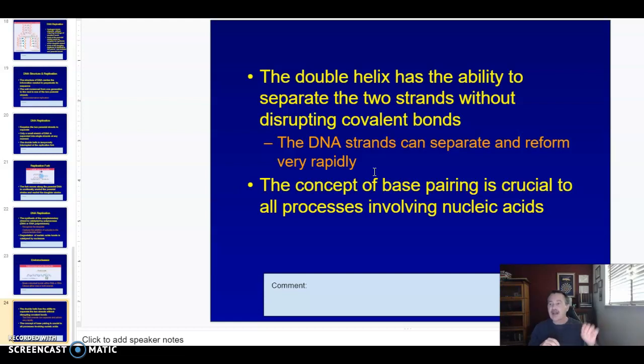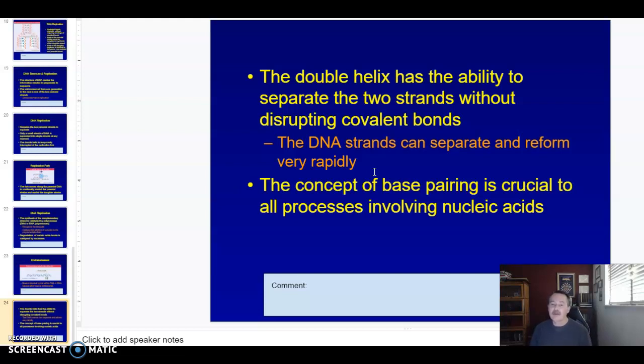So the nucleotide stays intact. So this nucleotide bonds with this nucleotide via the bonds across the adenine, thymine, or guanine, cytosine. Those bonds are broken, but the bonds between phosphate and the sugar and the base remain intact.